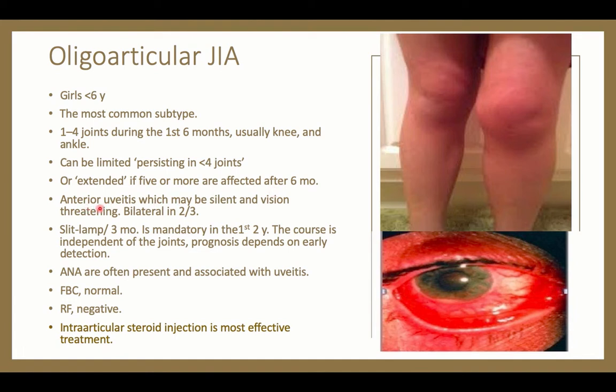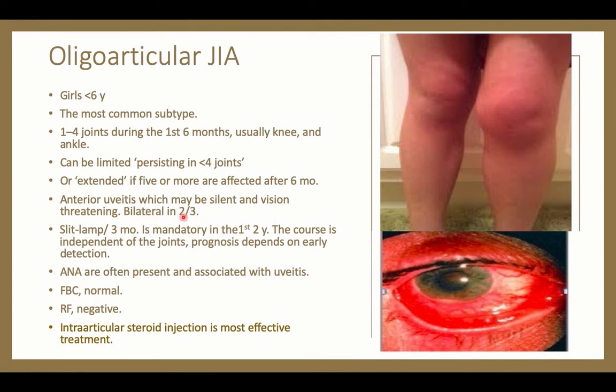Anterior uveitis is very, very important to remember. In all cases of juvenile idiopathic arthritis, you should consider the possibility of uveitis, anterior uveitis or iridocyclitis, which can be silent, presenting with no symptoms, and can be vision threatening in a percentage of cases.